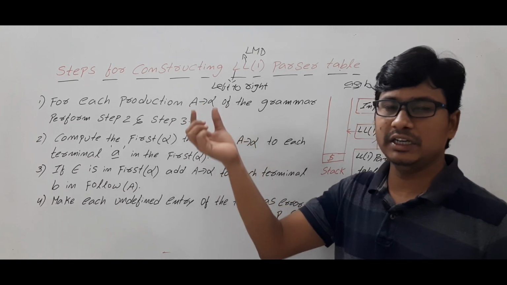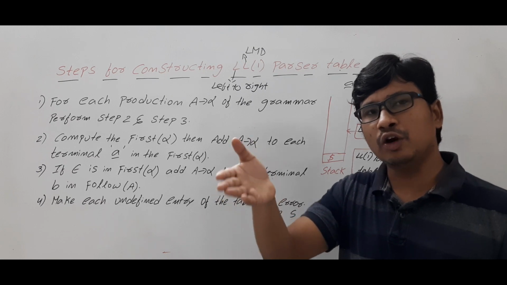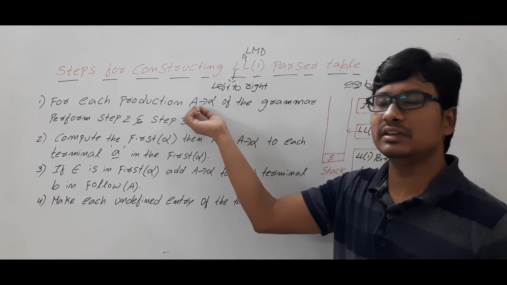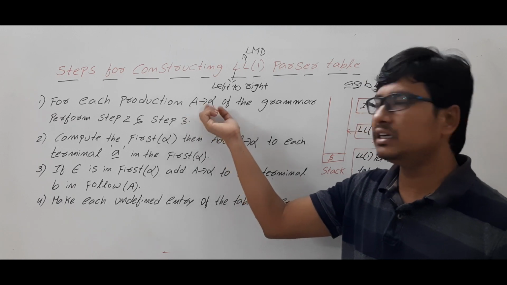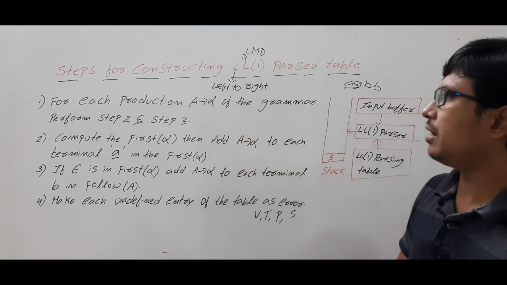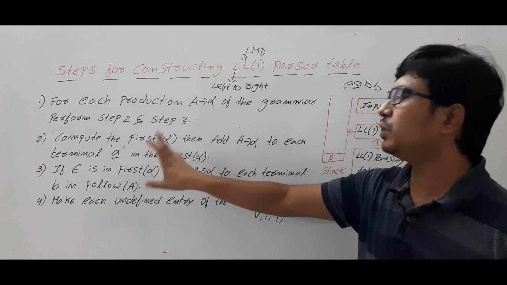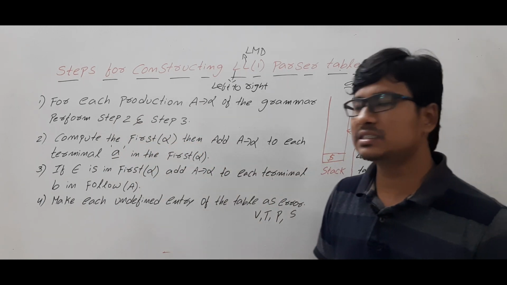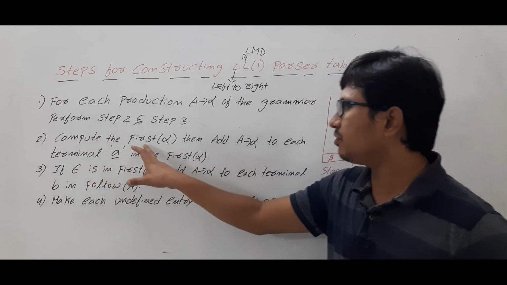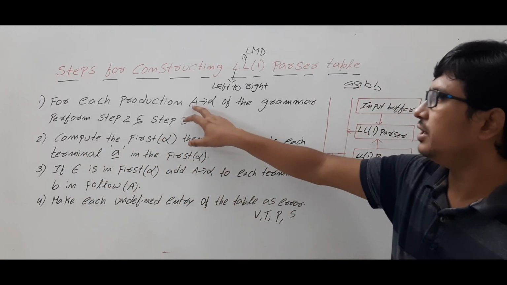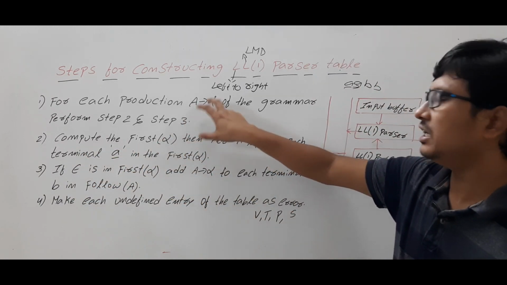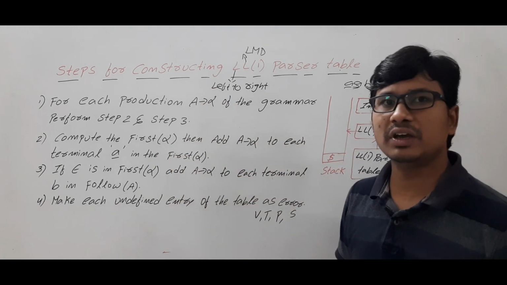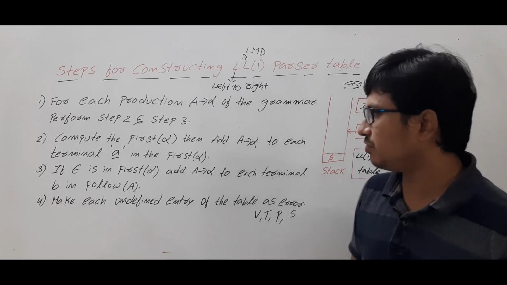Is it clear? Any grammar will be in the form of a non-terminal deriving something. Am I right or wrong? So here I have taken that for each production, A derives alpha of the grammar, perform step 2 and step 3. So you need to perform step 2 and step 3. Let's see what they are. Compute the first of alpha. So if you have a production, A derives alpha, first compute the first of alpha. So that's why I have discussed how to compute the first.